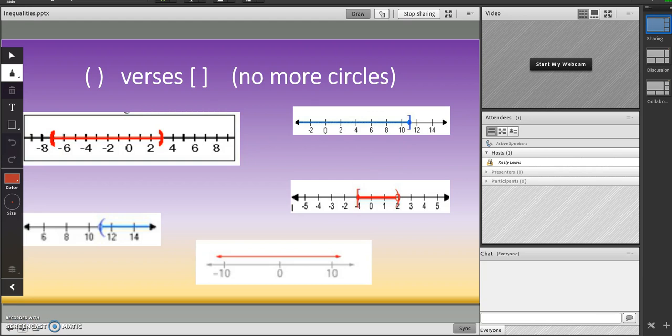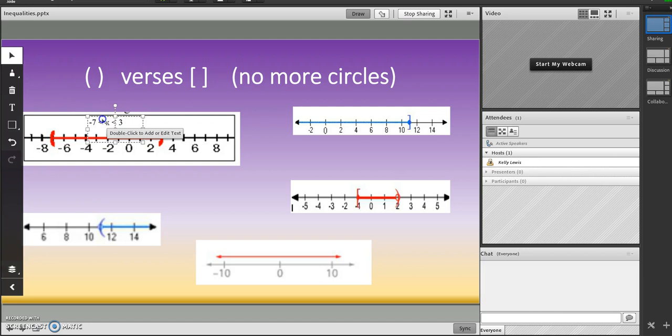Some problems on your practice work will use the circles, like open dot, closed dot. But now we're really going to use parentheses and brackets. So for example, this one right here is x less than 3.